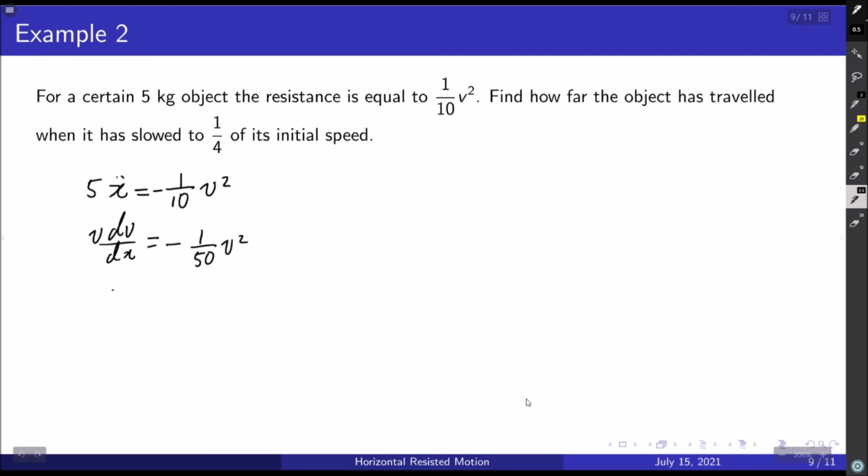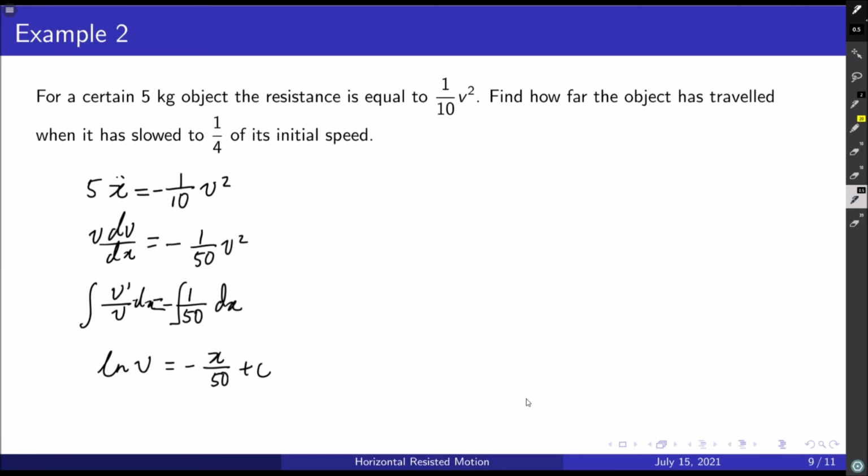We end up with v dash over v equals negative 1 over 50, and then we can integrate both sides with respect to x. So what we end up with here is log v equals negative x over 50 plus c.